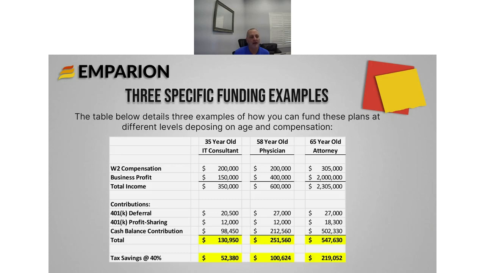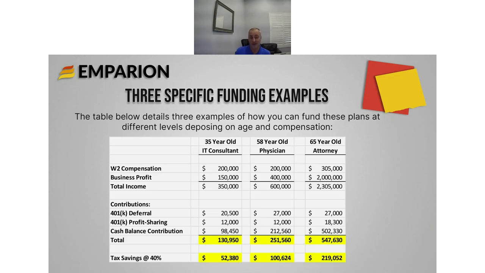We're going to talk about a few specific funding examples or illustrations. We like to cover sort of a special topic, but in this one, we've got an illustration or example. We've got 3 of them here.